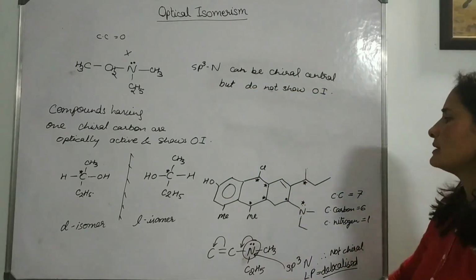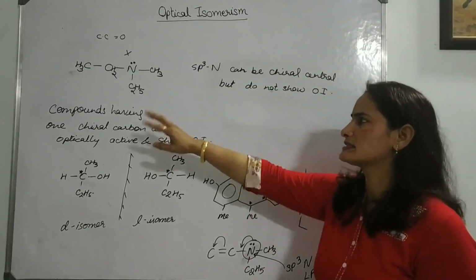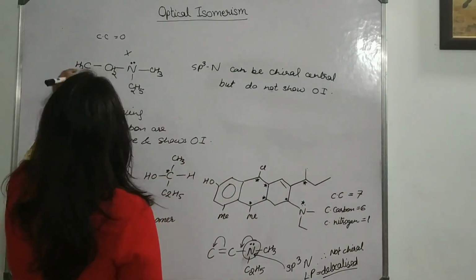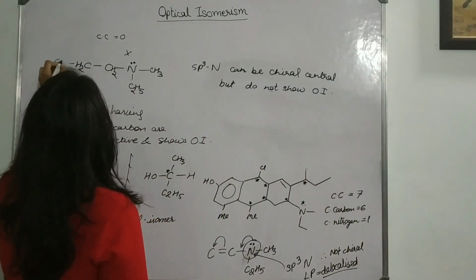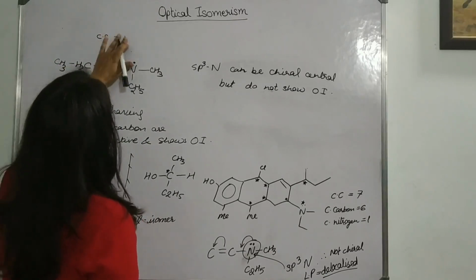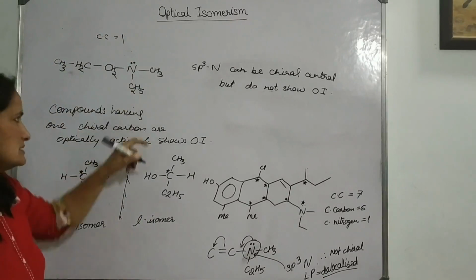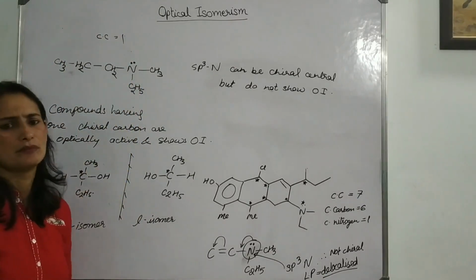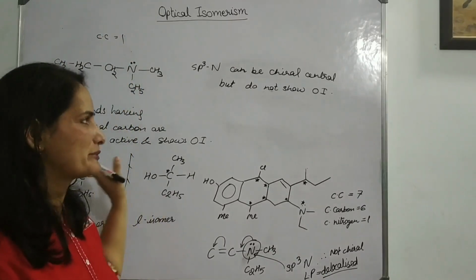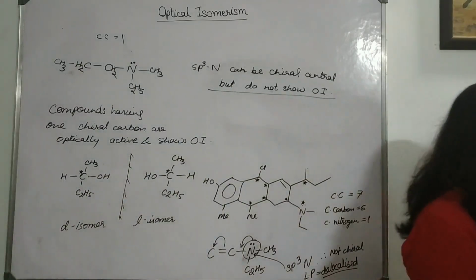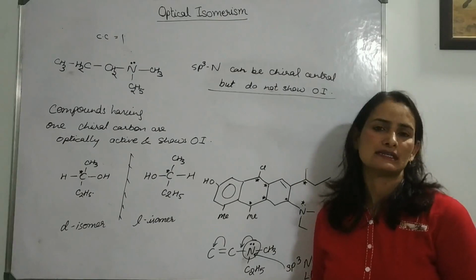Let's suppose in a molecule only one chiral center is there. Suppose I attach one more group and make this nitrogen a chiral center, but this is a chiral center not showing optical isomerism. So nitrogen does not show optical isomerism even though it is chiral.